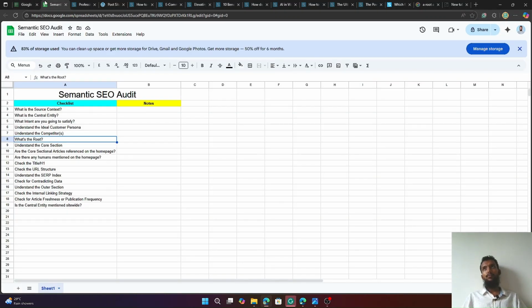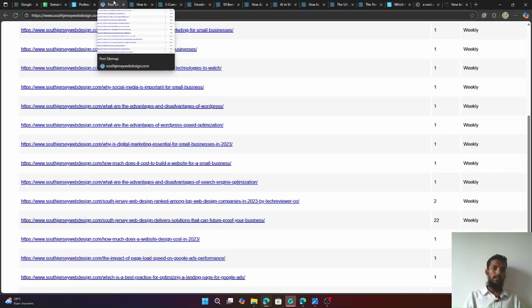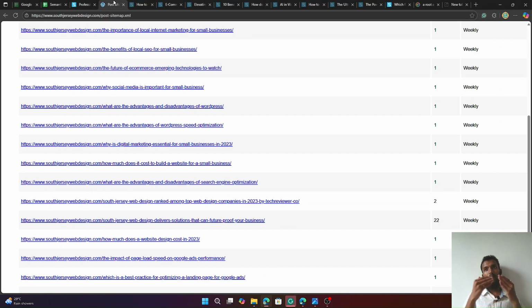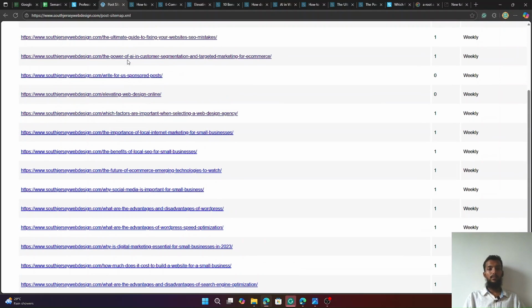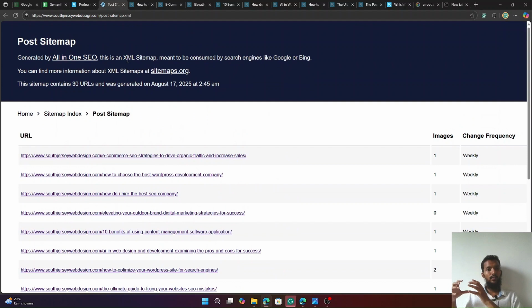core sectional topical articles. So I think they are missing out on that. They can absolutely improve that. Now understand the core section. As I said, core section articles are the main business related articles. If they are a web design agency, then all the web design related topics should be in the core section. But they have multiple services, so they should have multiple core sections, multiple topical maps that connect with a single root.